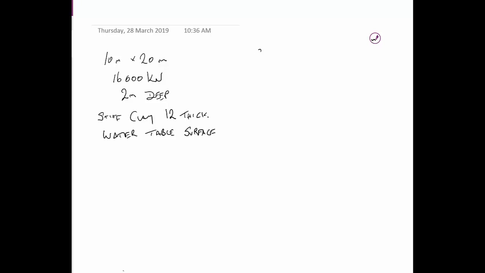Some properties of the clay. E_u, the undrained modulus, is 12 meganewtons per square metre. Effective modulus equals 10 meganewtons per square metre.